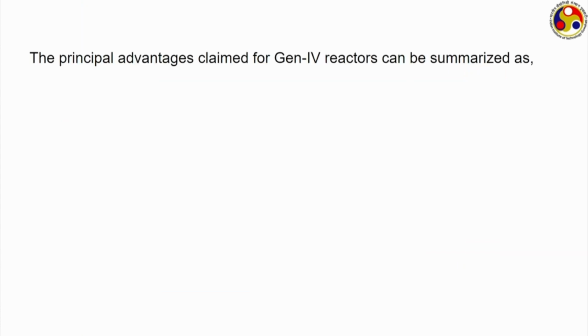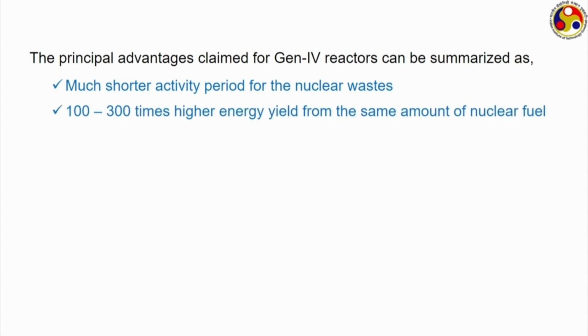Finally, the principal advantages for generation 4 that we can summarize as, which is exhibited by all generation 4 reactors more or less: much shorter activity period for nuclear waste, because all those radioactive wastes contain short lived isotopes, or isotopes having very small half life, and hence they can reach a stable situation very shortly. 100 to 300 times higher energy yield from the same amount of nuclear fuel compared to the present day reactors.